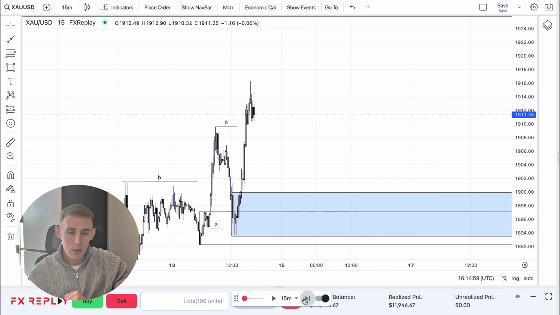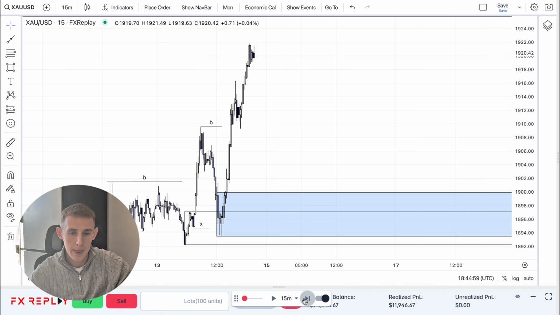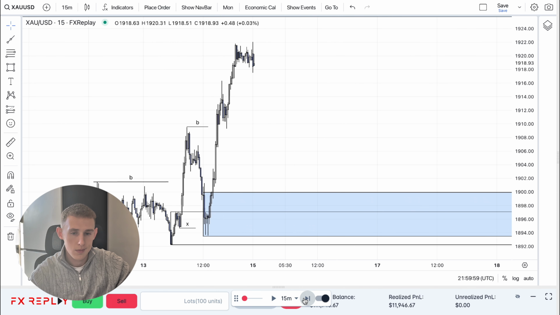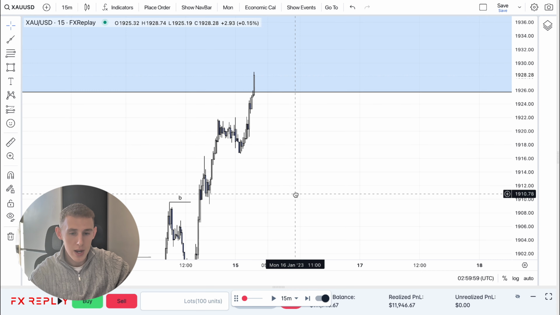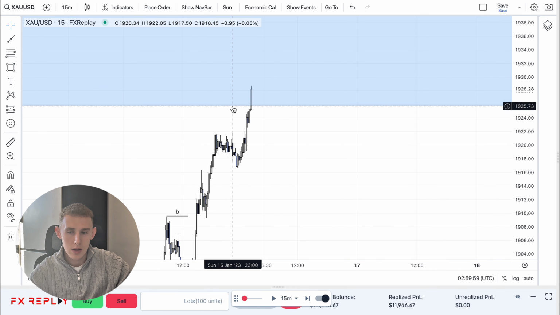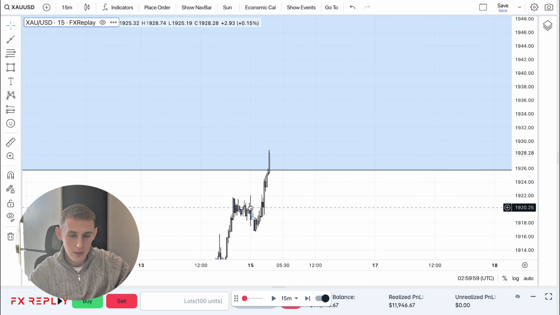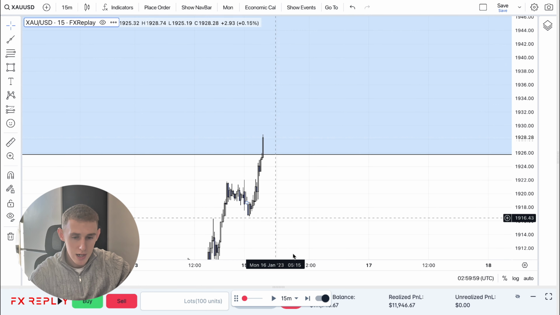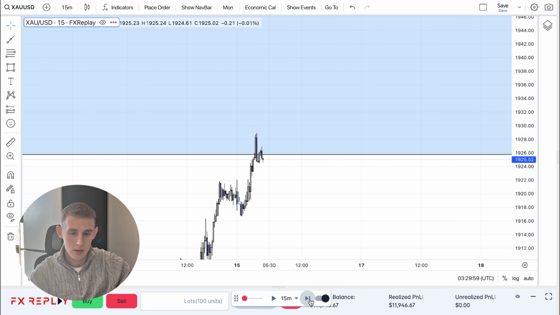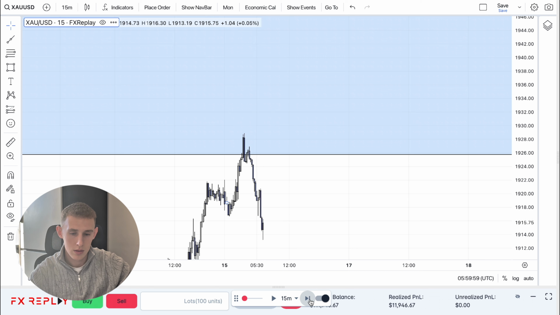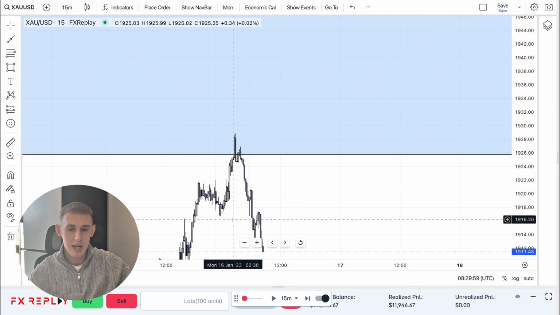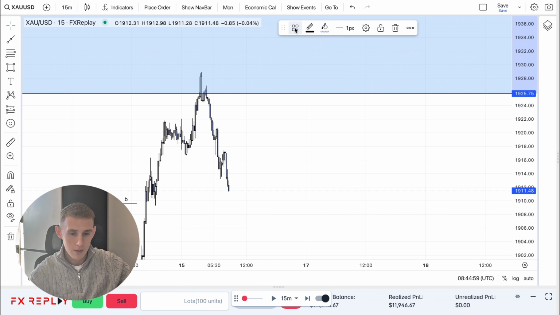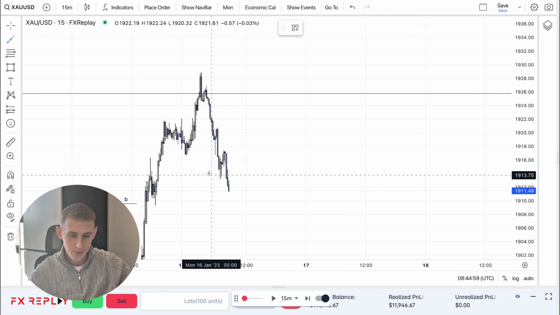So let's see if any more points of interest form. Or not. Price has now come into our weekly supply zone, so keeping an eye out for some sells here actually. Right, so there we go. As we can see, rejection of that weekly supply, 15-minute flipped bearish.